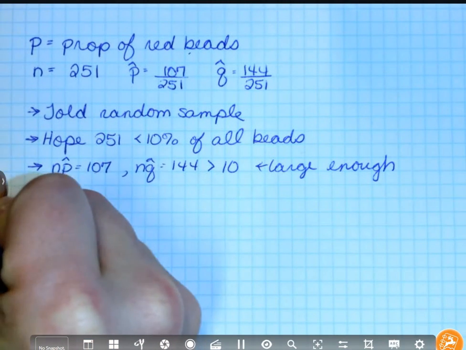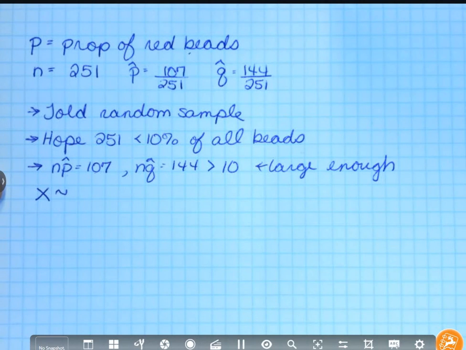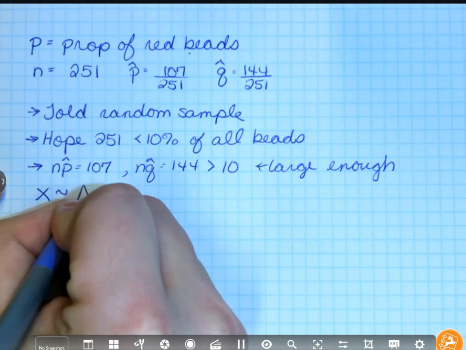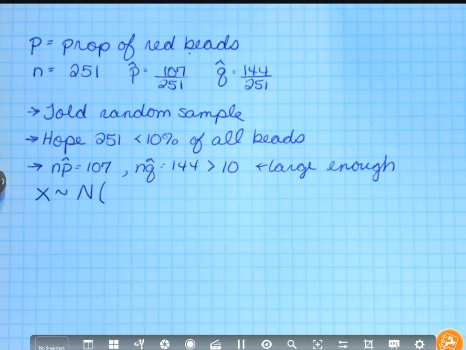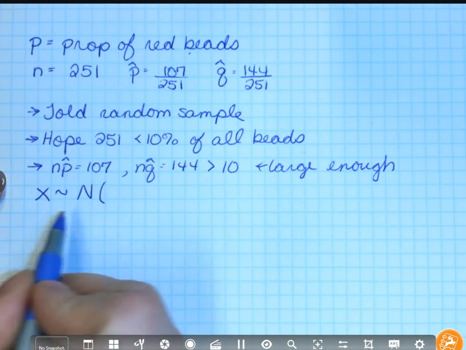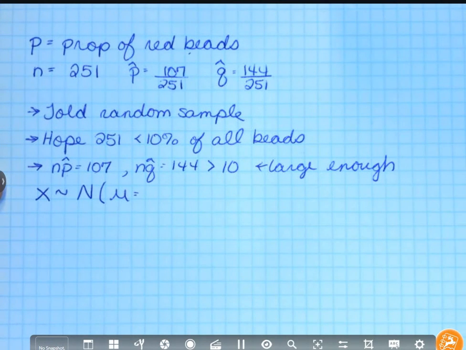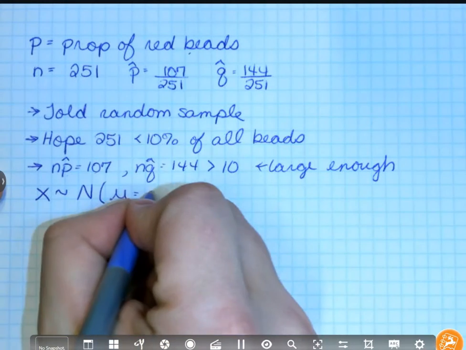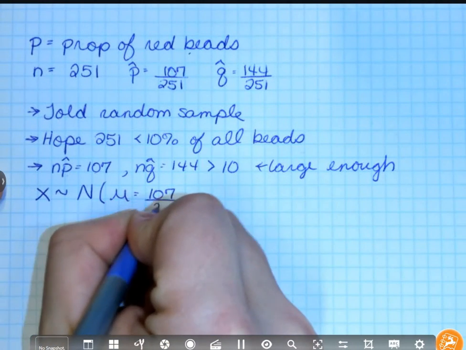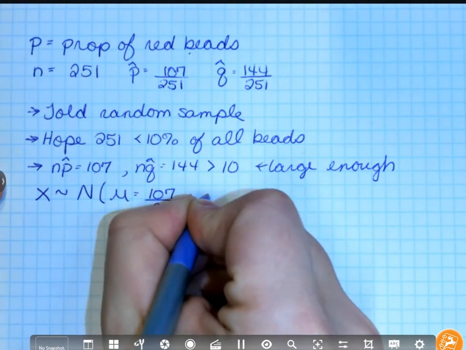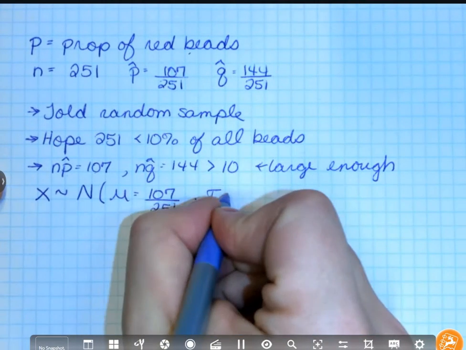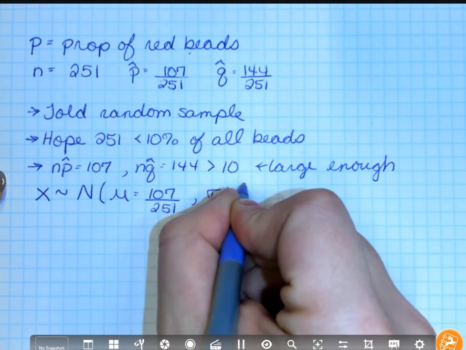So in this case, we're going to have X follows a normal model centered at p hat, with a spread of, how do I calculate spread?